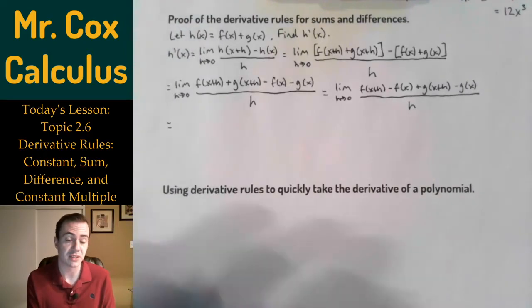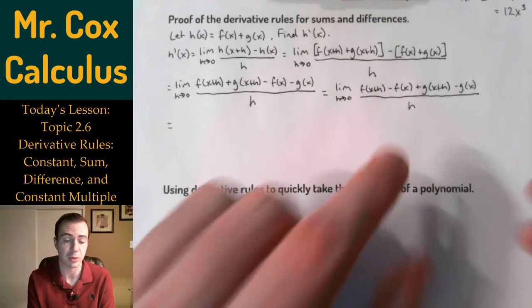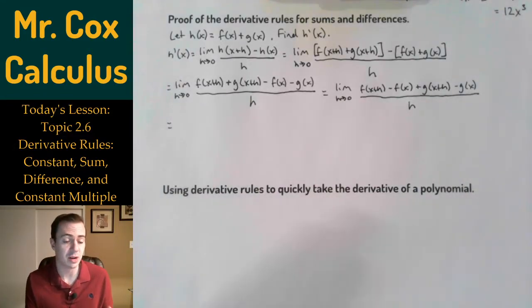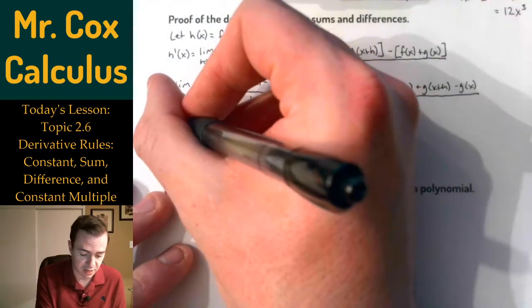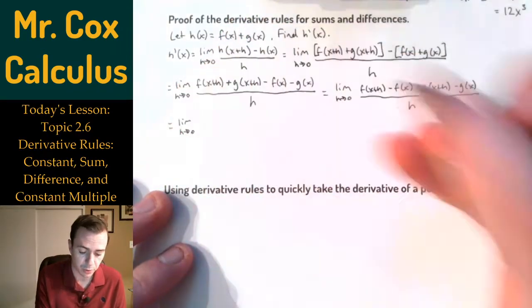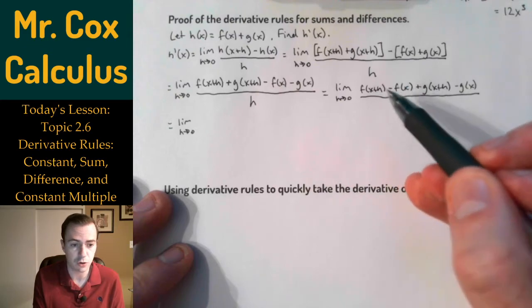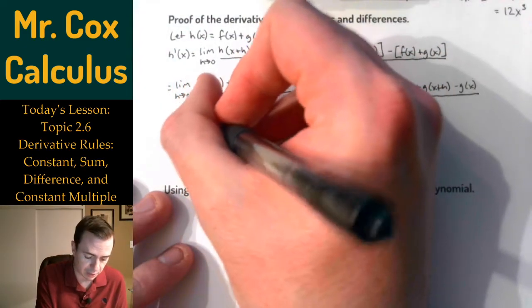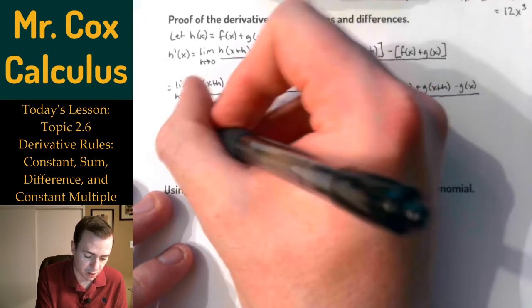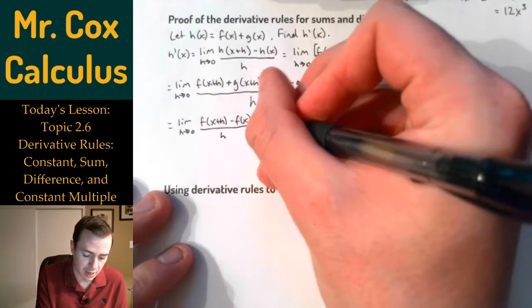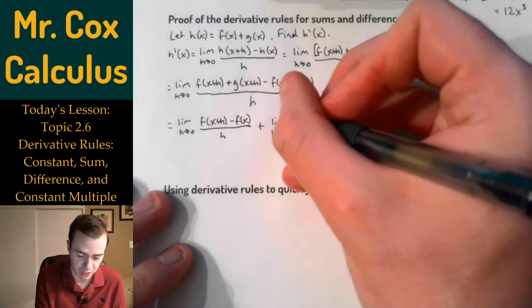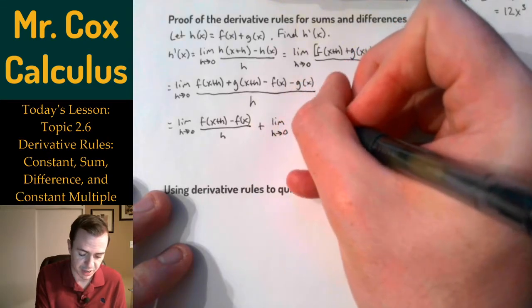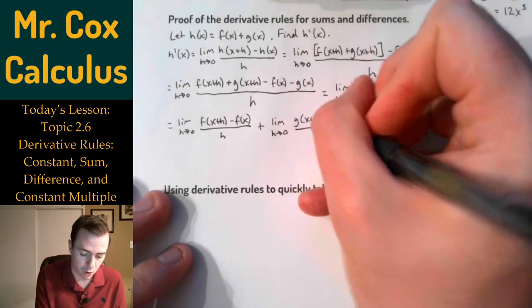I also know with limits that when I split this fraction up as a sum, I can take the limit of that sum as the sum of the limits. So this is going to equal the limit as h approaches 0 of f of x plus h minus f of x all over h, plus the limit as h approaches 0 of g of x plus h minus g of x all over h.